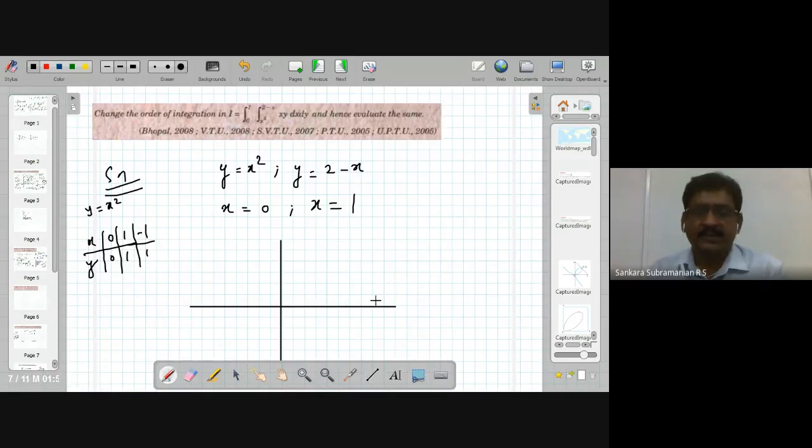So this is the x-axis, the line y equal to 0, this is the y-axis, the line x is equal to 0, this is the origin, 0, 0. I want 1, 1, so I'll take 1 as 2 units. Let me take 4 units: 1, 2, 3, 4.